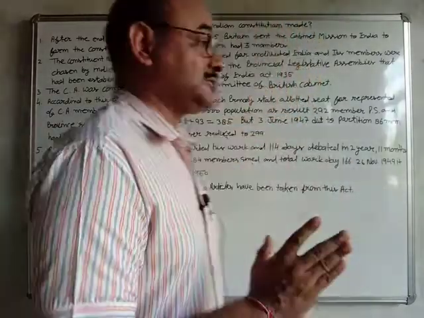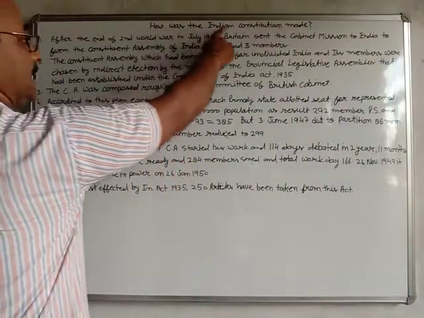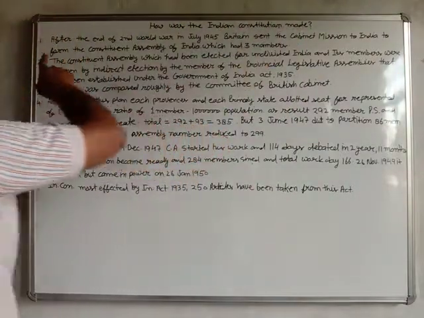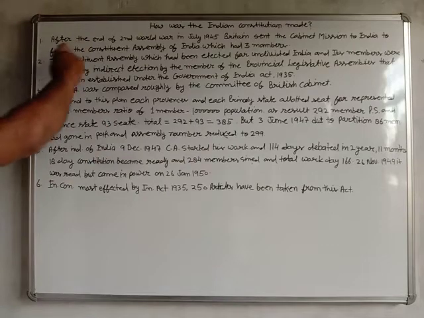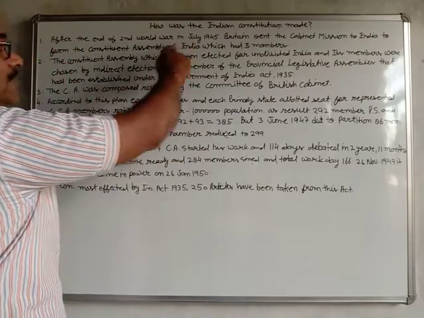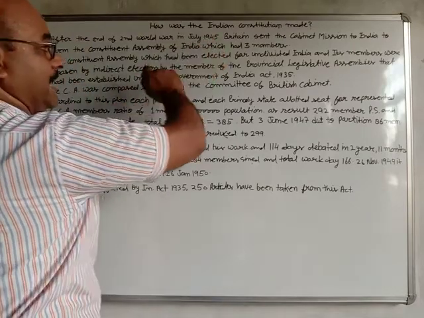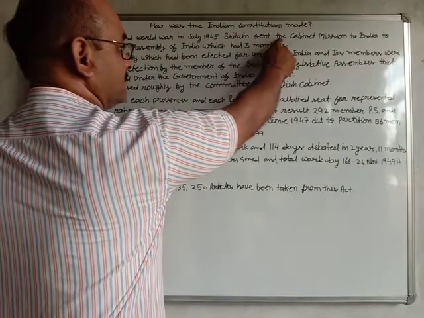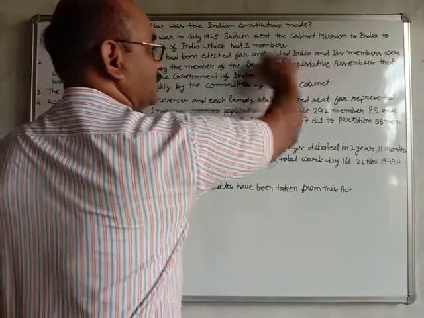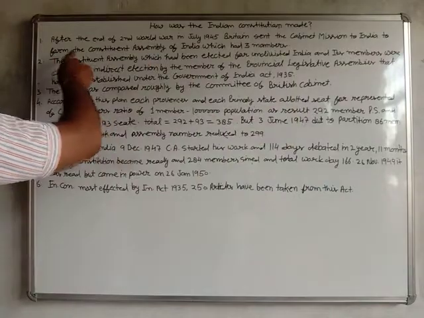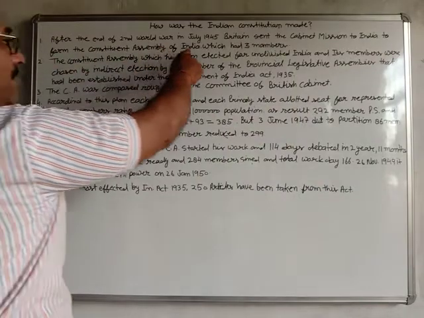Come on, student. How was the Indian Constitution made? Point number one. After the end of the Second World War, in July 1945, Britain sent the Cabinet Mission to India to form the Constituent Assembly of India.